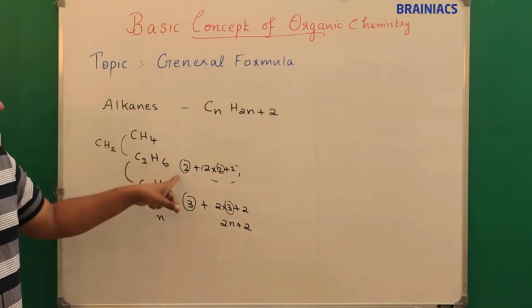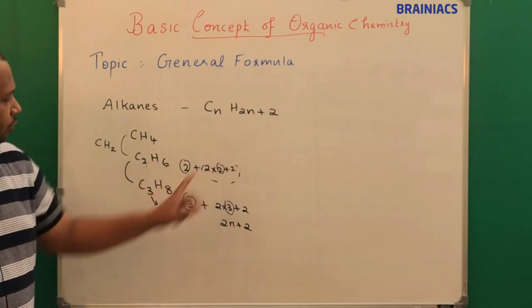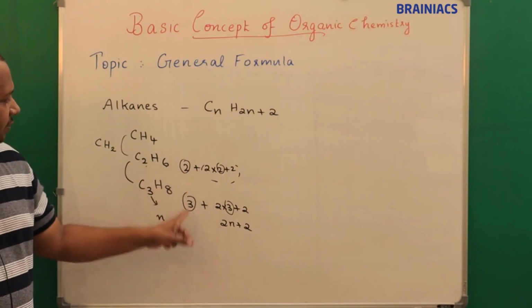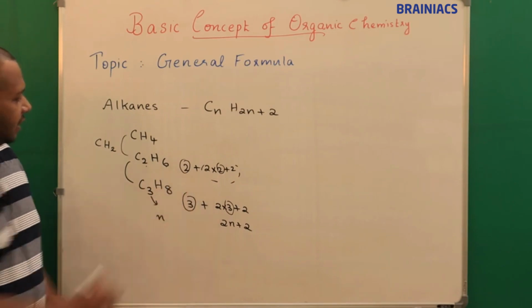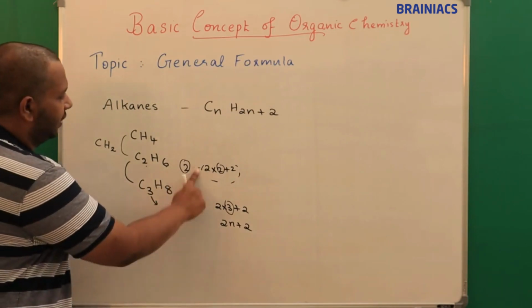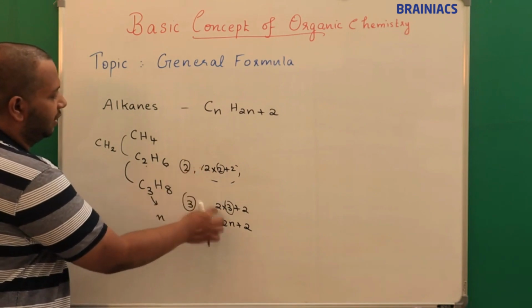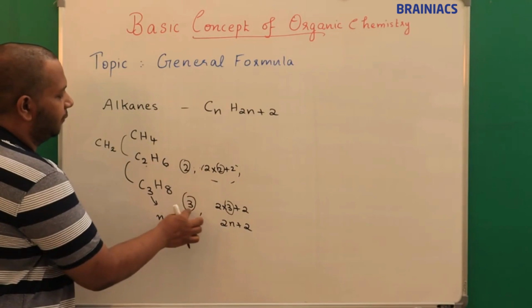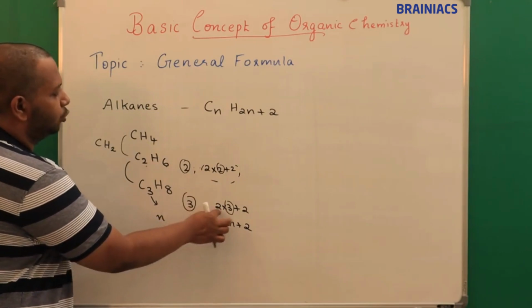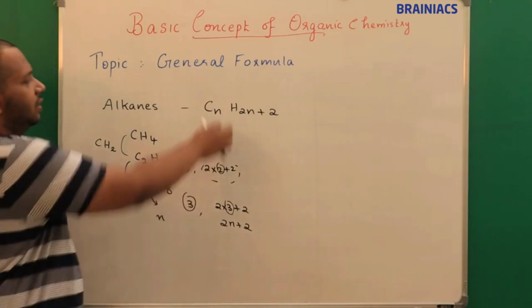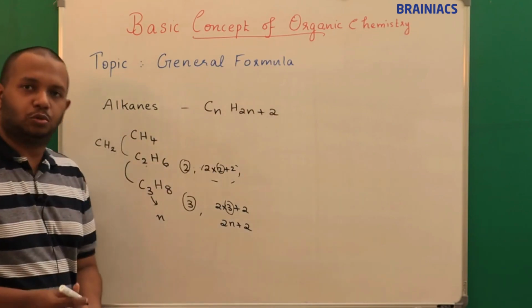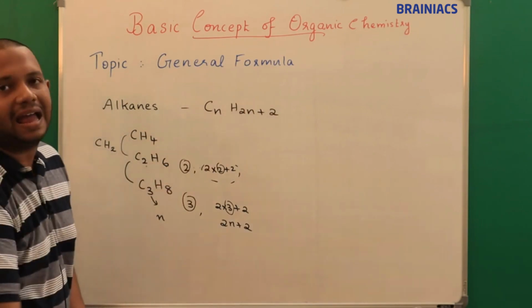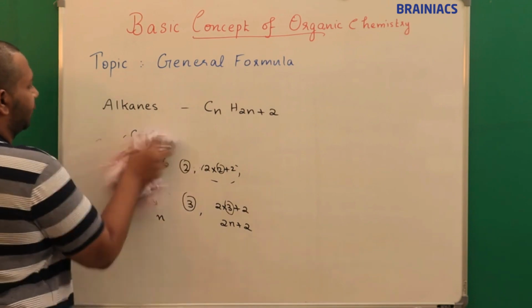So this 2 I have taken, then 2 into 2 plus 2. When this becomes 3, here it becomes 3. The 2 remains the same and this number is varying. So if I take this as n, this becomes 2n plus 2. That is how CnH2n+2 comes for alkanes. I hope it is clear for you.